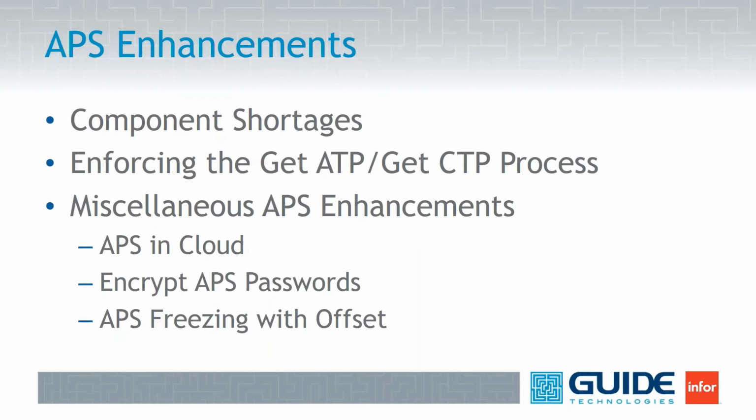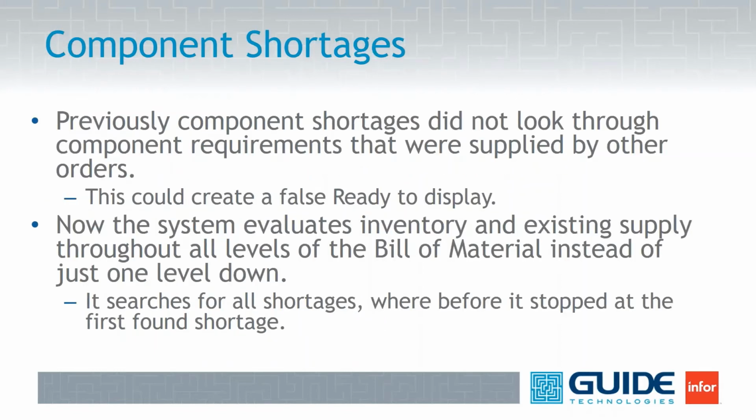And then some miscellaneous APS enhancements. So it used to be, for component shortages, APS didn't fully look through the component requirements that were supplied by other orders, and that might create a trigger for a false ready displaying in some of the planning forms.